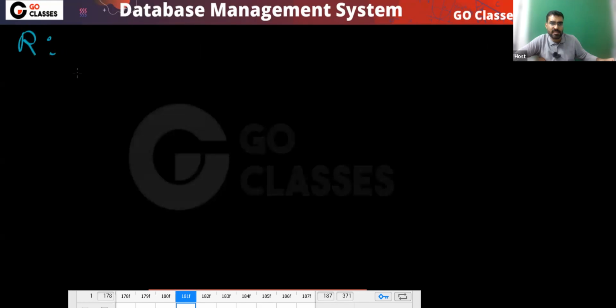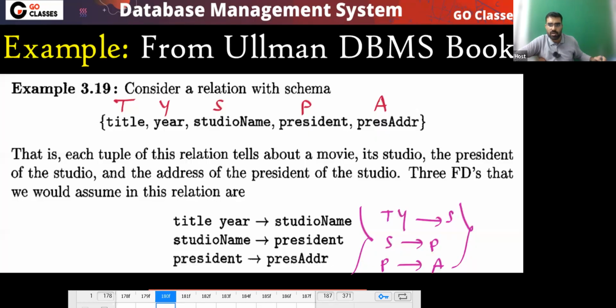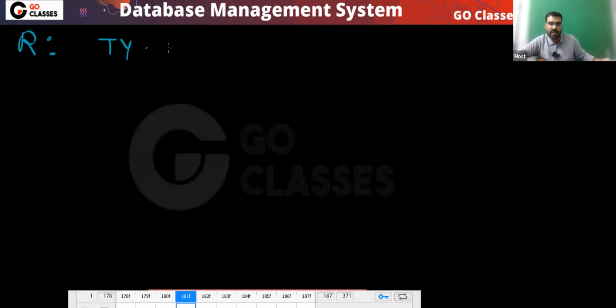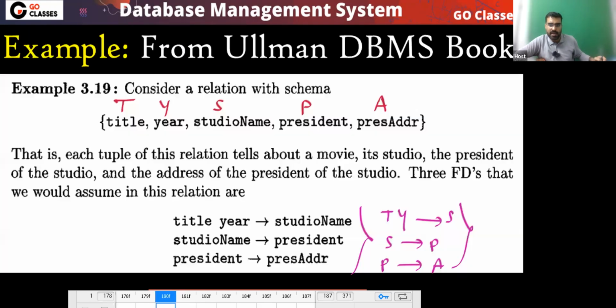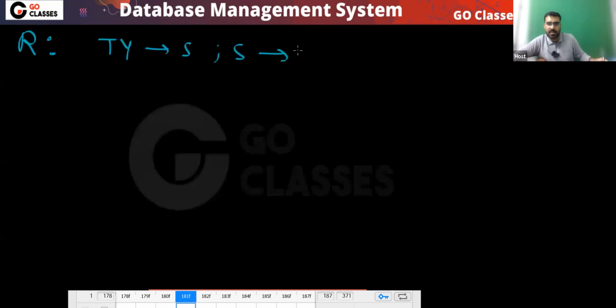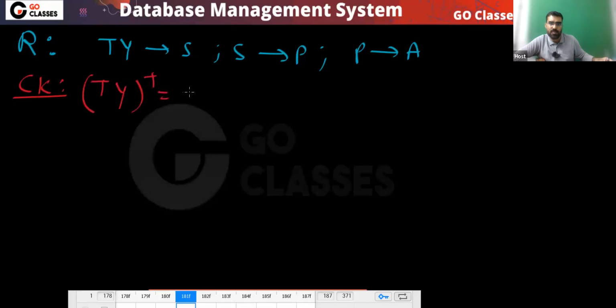Tell me what the candidate keys are. You can notice T and Y are not on the RHS, and they can bring everything, because the closure of TY will be TYSPA. So the candidate key is TY.